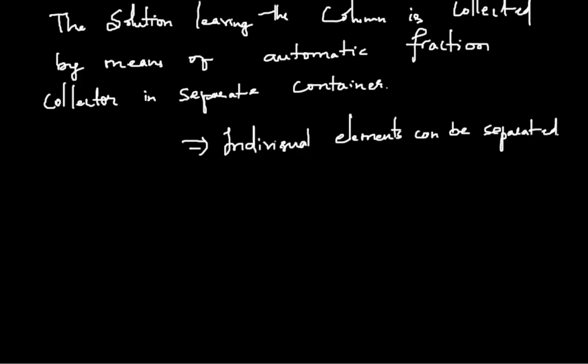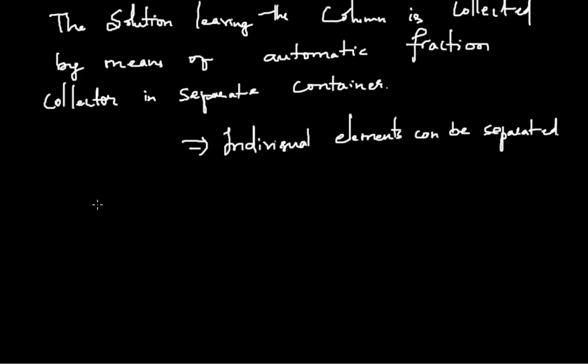The metals may be precipitated as insoluble oxalates. From citrates you can convert to oxalates and heat it to give oxides.